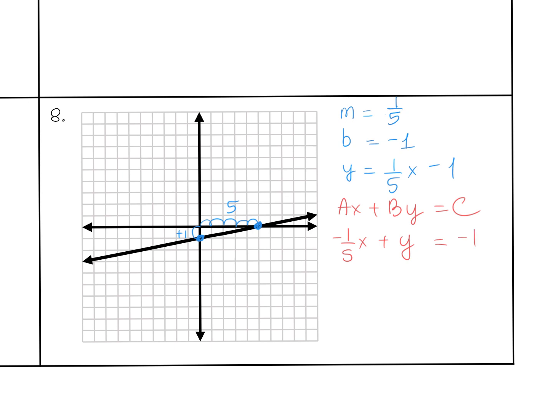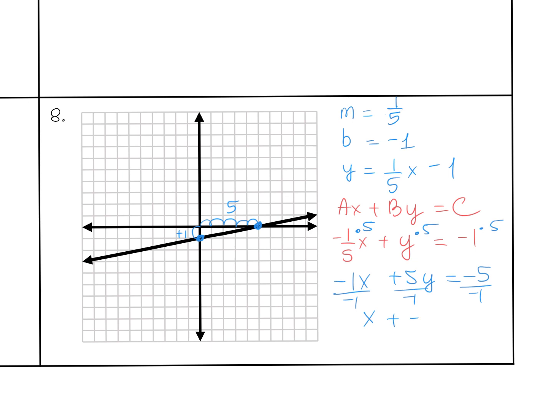Okay. Now there's 2 options that you can choose. Okay. So to get rid of the fraction, you can multiply by 5 for all. And you'll have negative 1x plus 5y equal to negative 5, right? And then you divide by negative 1 to get rid of the negative for a, because a cannot be negative.